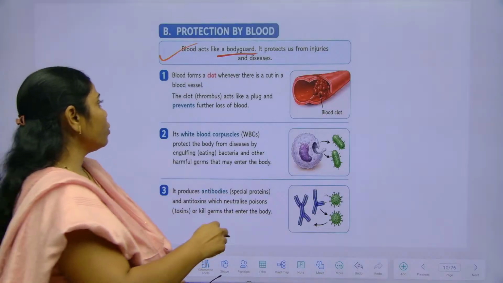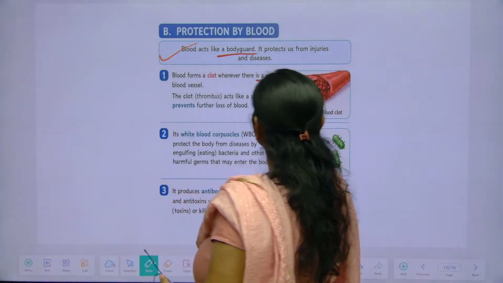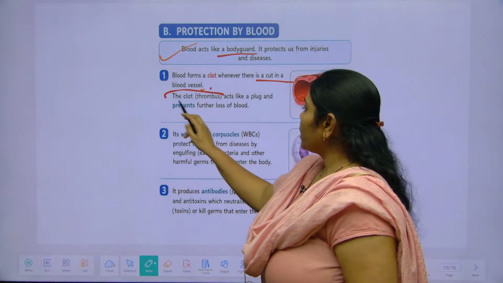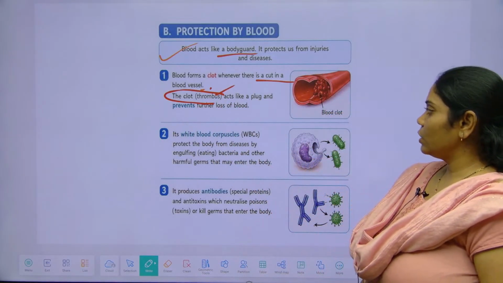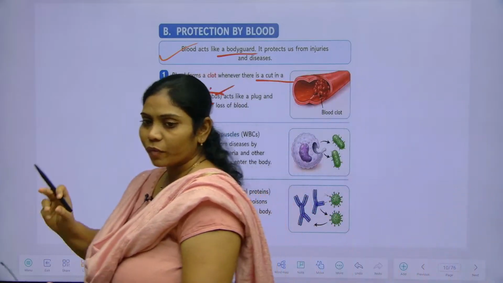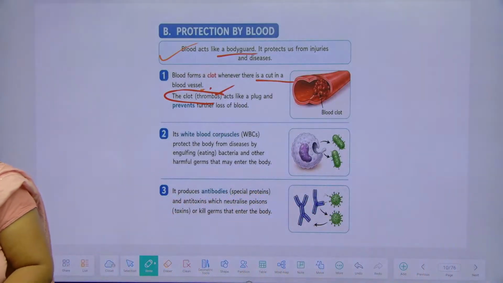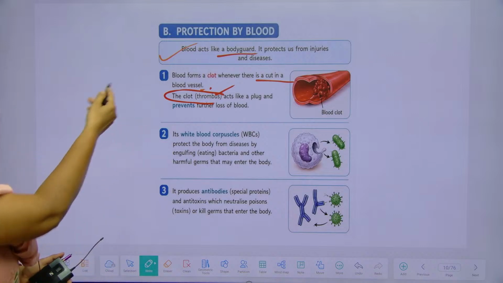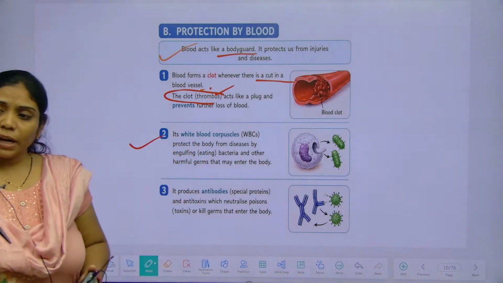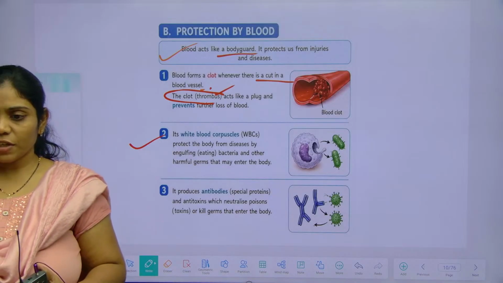The clot is present where? Outside of the blood vessel. So, the clot we can call the thrombus. If there is a cut and the clot is not formed at all, what happens? Continuous blood loss will occur, and it leads to death. Means it is protecting us or not? Yes. And at the same time, in the blood WBCs and RBCs are present, right?